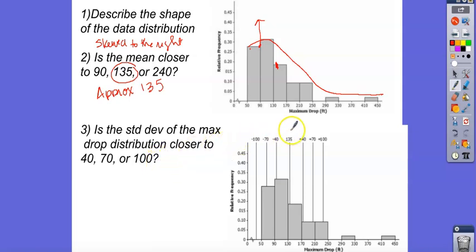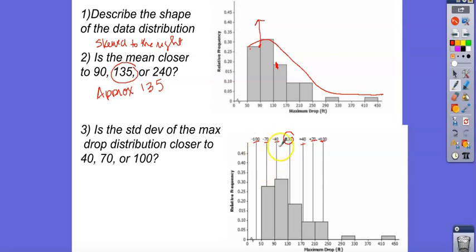Okay, is the standard deviation of the maximum drop distribution closer to 40, 70, or 100? Wow. Well, if I select 135 as my mean, notice the distance here is 40, distance here is 40, distance here is 70, distance here is 70, and then 100 and 100. If I want to say what the standard deviation is, you can think of it as a typical distance from the mean.